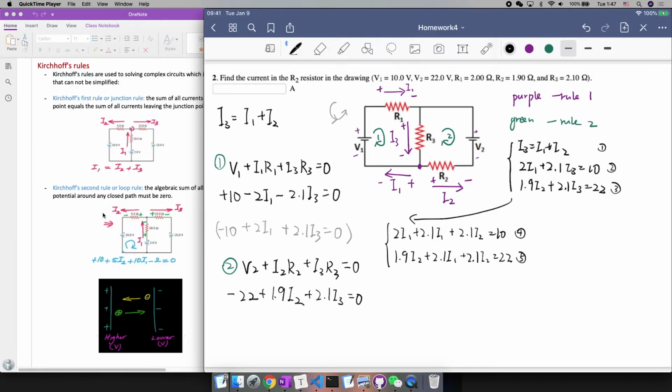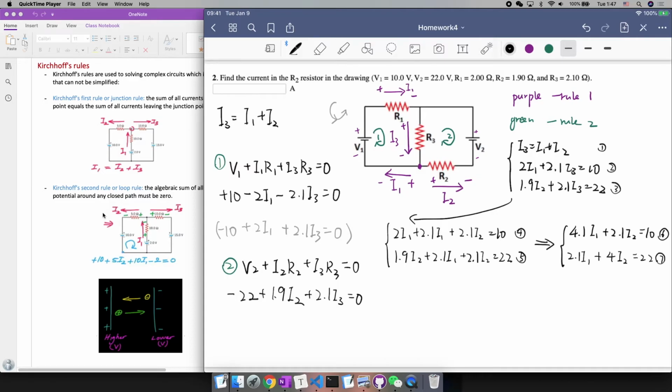Now let's simplify it to 4.1 I1 plus 2.1 I2 equals 10. Then let's simplify equation 5. It is 2.1 I1 plus 4 I2 equals 22.